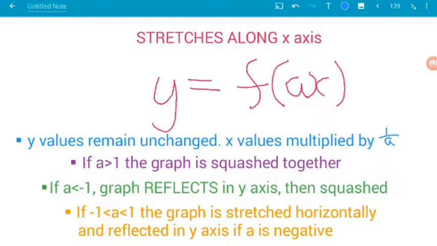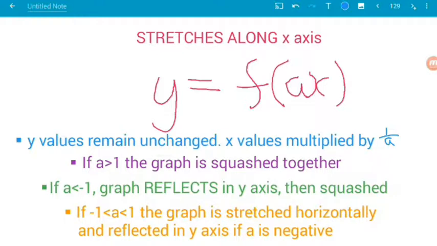So if a is greater than 1, then the graph gets squashed together. The reason for that is, say for example we had f of 2x, the x values get multiplied by 1 over 2, so 1 half.